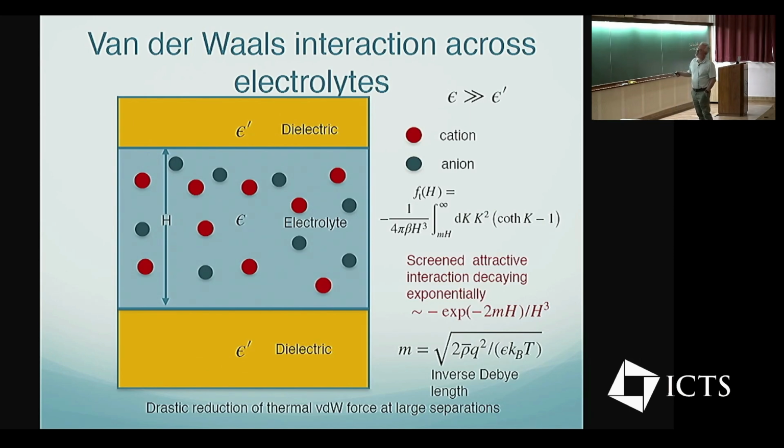At large distances, which are typically the distances you'd be interested in, you have something called the inverse Debye length, given by this 2 rho bar. Rho bar is the average density of your electrolyte, and Q is the charge. I'm looking at a monovalent electrolyte system, so the plus charges and the minus charges, this is plus Q, this is minus Q. This is called the inverse Debye length, so you have this miraculous screening.